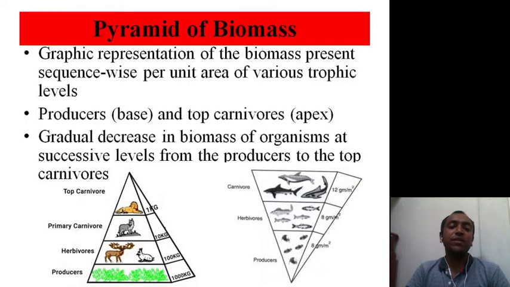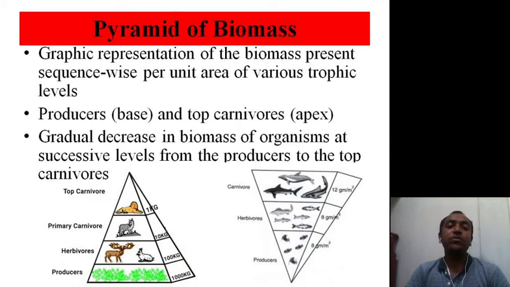So here, just for reference, I have given 1000 kg. Now, herbivores are still less in number as compared to your producer, so their biomass will be still less. So I've given 100 kilogram. Then we have the primary carnivore, whose biomass is still less, and the top carnivore, still less. So here what you see is that in this particular case, the pyramid of biomass is upright in nature.